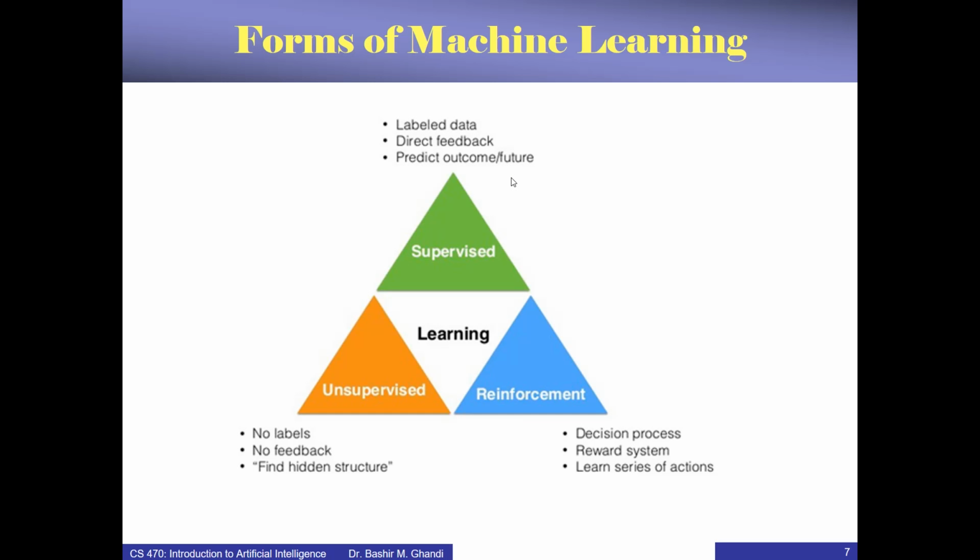Okay, so this nice diagram summarizes the three forms of learning. As you can see, the supervised one has labeled data where the input and output are clearly mapped in the training data. So this input will have this label as its output, and so on.